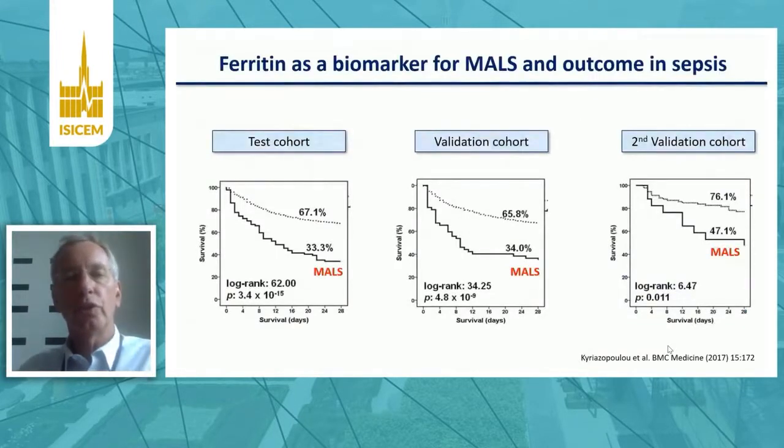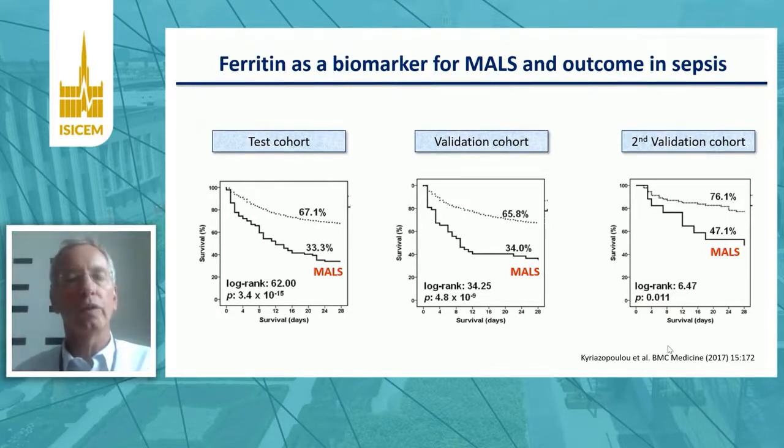Then the Hellenic Sepsis Study Group further looked at the relation between this cutoff value of ferritin and survival. And this is 28-day survival for sepsis in 3 independent cohorts, a test cohort, validation cohort, and a second validation cohort.